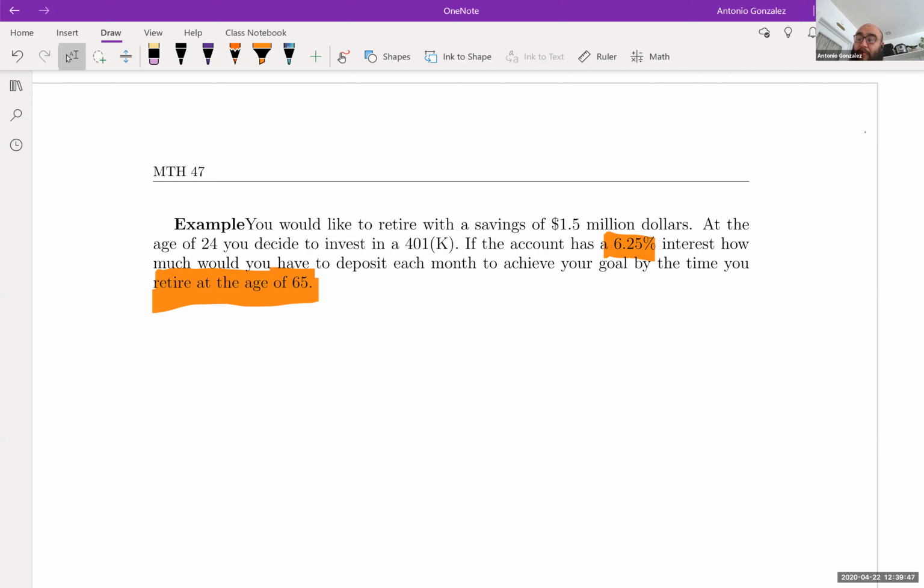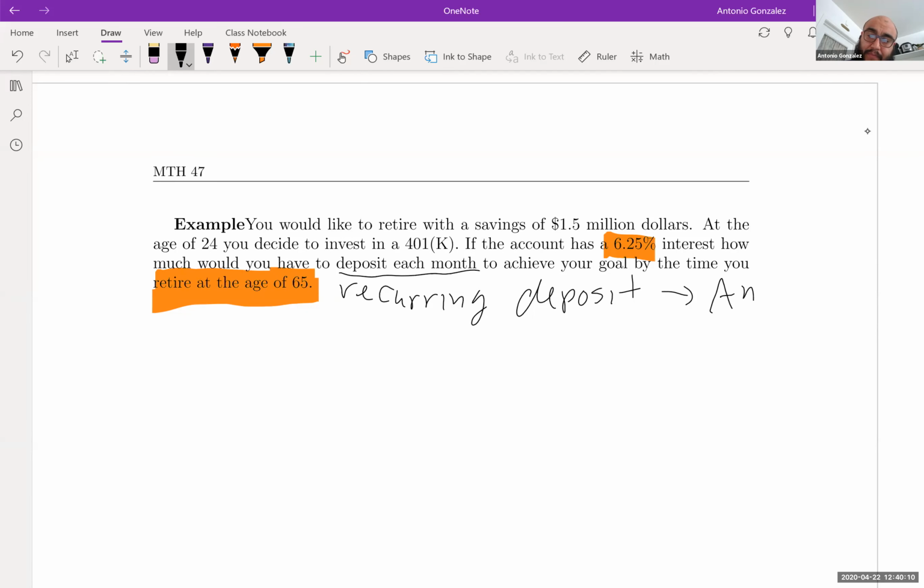Again, we have to decide what formula we're going to be using. We have a recurring deposit, so it's the annuity formula again. If there's some kind of recurring deposit, we're going to use the annuity formula. All right, and let me write it up here so we can have it as reference.